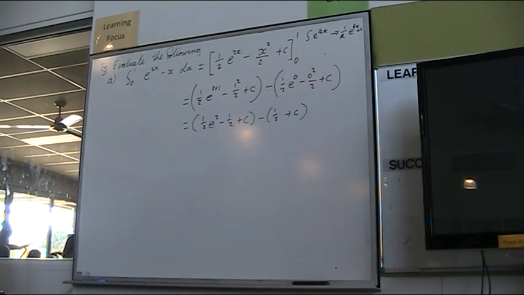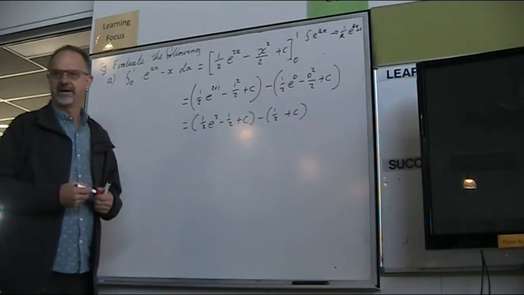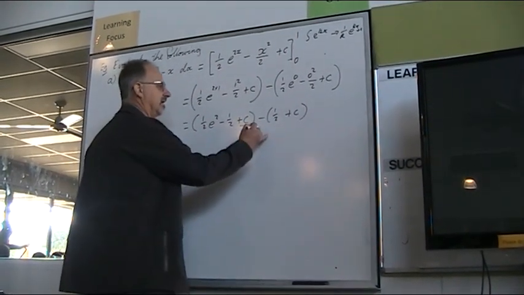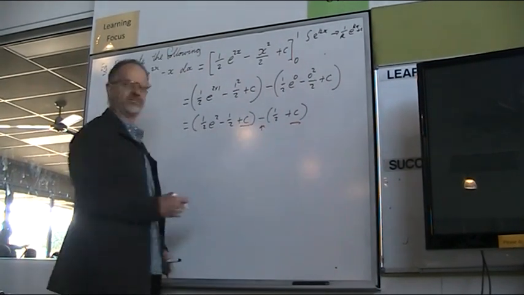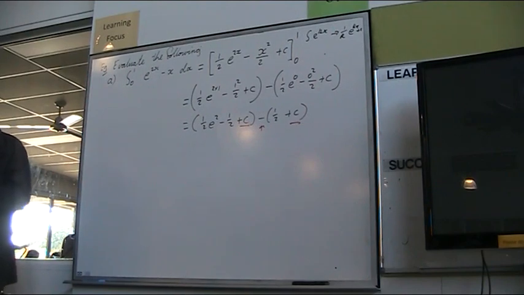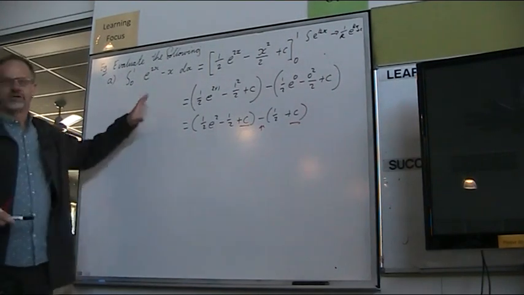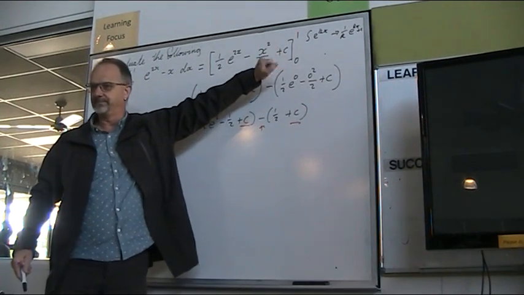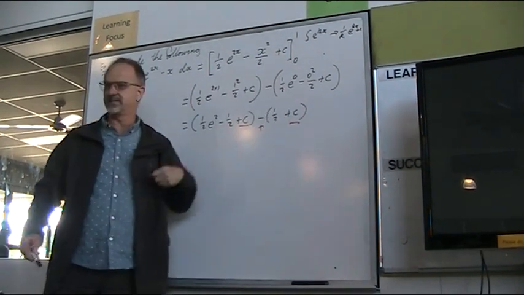When we do an integration, we don't actually even need to worry about writing it out, because we've got plus the constant here minus the constant, so it's effectively going to get rid of itself. Generally we wouldn't even bother putting it in, because it's going to subtract itself later anyway.